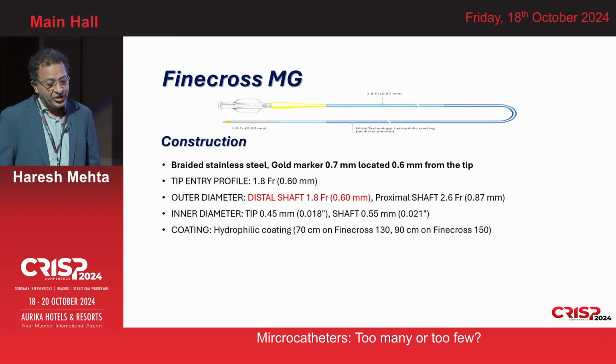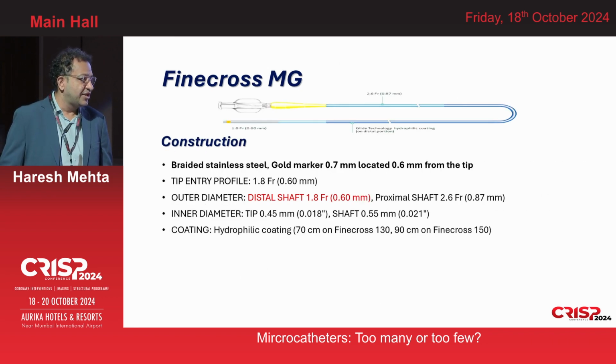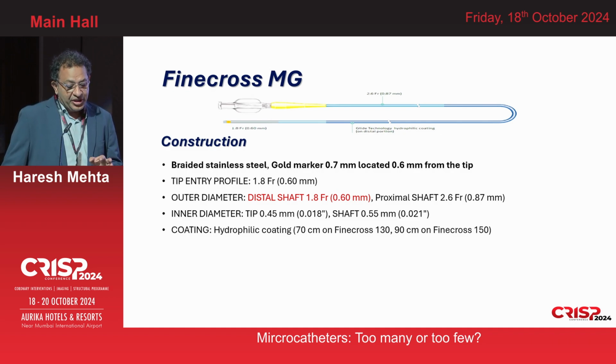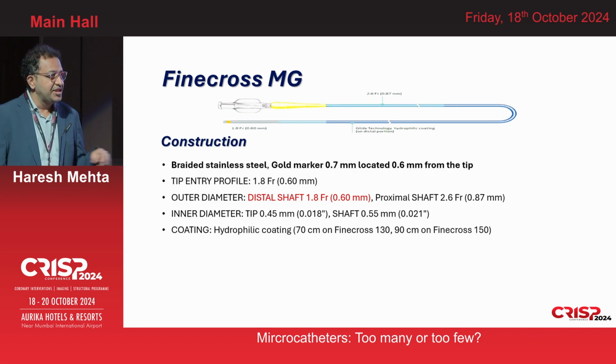Finecross. This was actually the first one that we started using when we started doing CTOs or exchanging wires. It's a very beautiful, easily trackable catheter. But the important thing to remember, this doesn't work in antegrade. So if you're going to have a tough CTO in antegrade, Finecross doesn't work because you cannot torque it, you cannot push it. It just tracks down if it is easy.